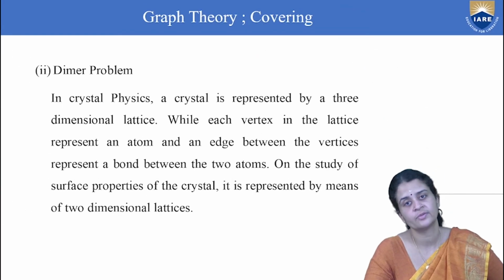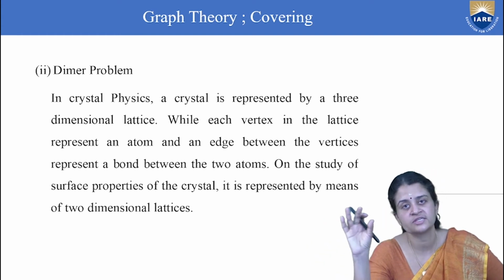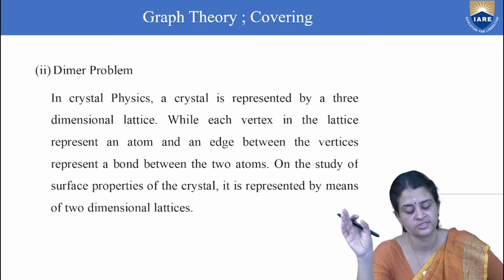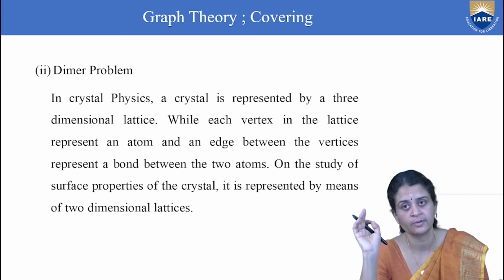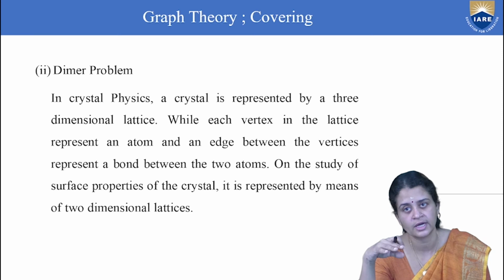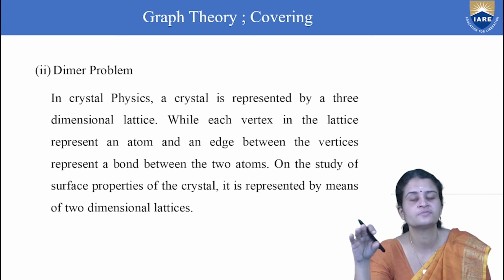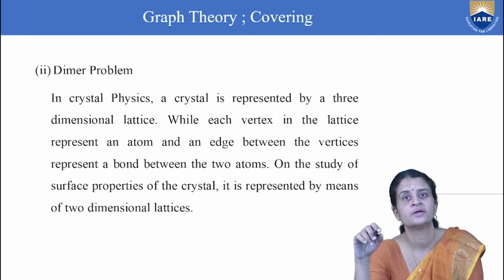Another thing is the dimer problem. What is the dimer problem? In crystal physics, crystals are represented as 3-dimensional lattices, where each vertex in the lattice represents an atom, and the edge between lattice vertices represents the bond between 2 atoms. In the study of the surface properties of crystals, they are represented by means of 2-dimensional lattices.